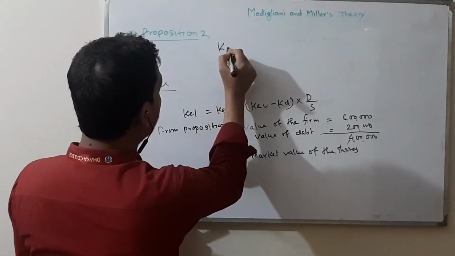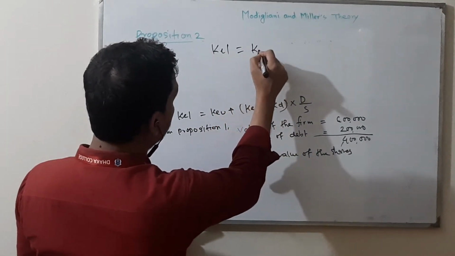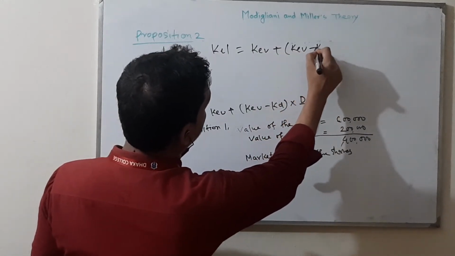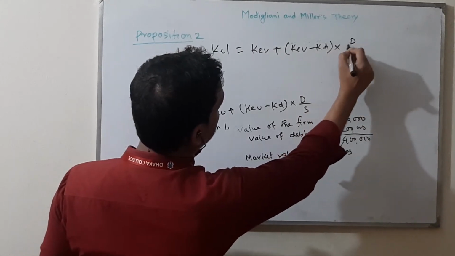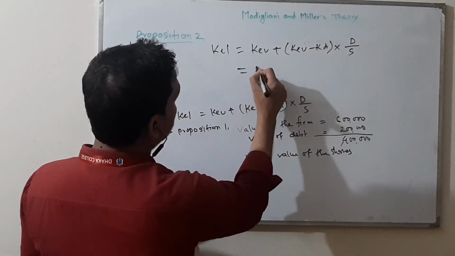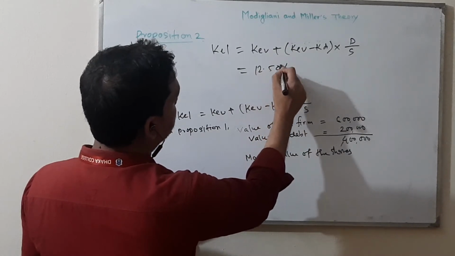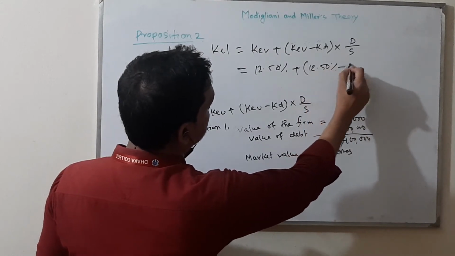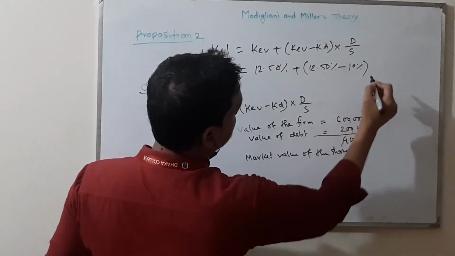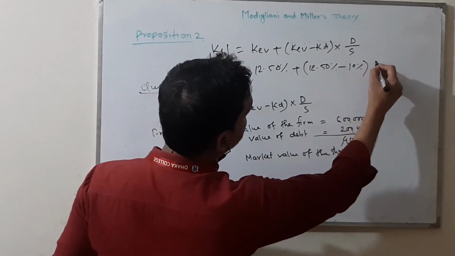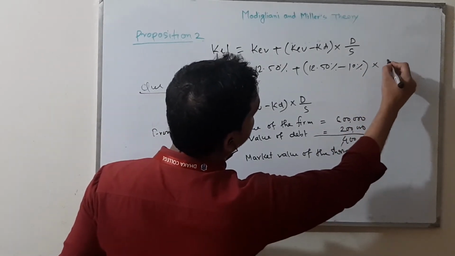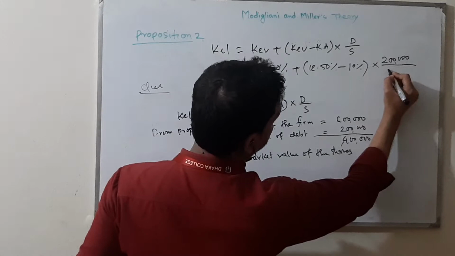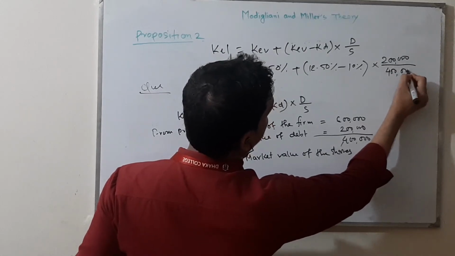So we know that cost of equity levered firm equals cost of equity unlevered plus cost of equity unlevered minus cost of debt, into D divided by S. So here the unlevered cost of equity is 12.50% plus 12.50% minus 10%, which is alluded to in the question, 10% for the levered firm. Here debt is 2 lakh, then S, I mean 4 lakh.